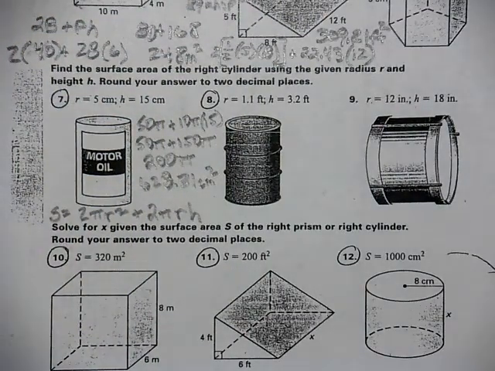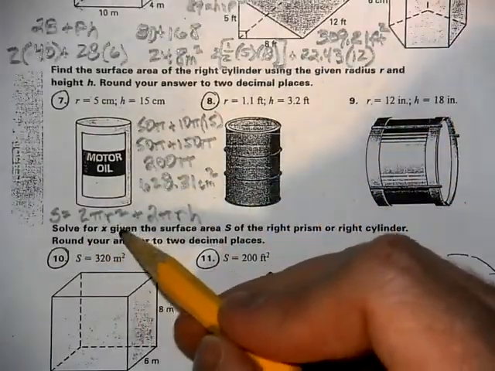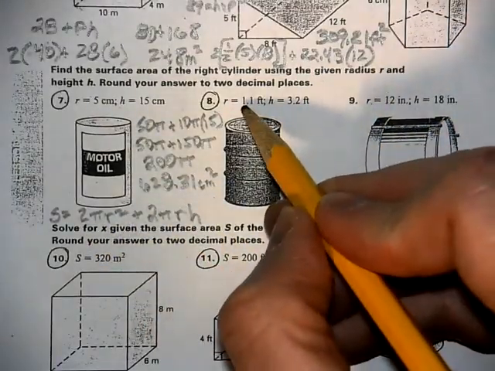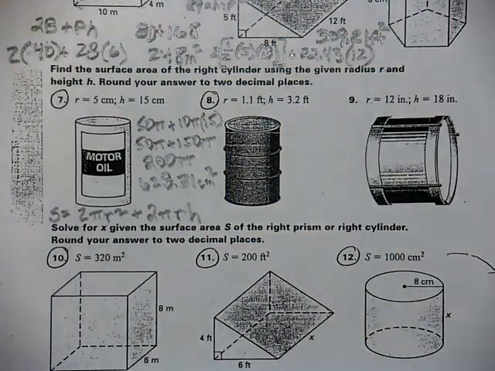This next one, same idea. We take our surface area formula and 2 times 1.1. We do 1.1 squared and times that by 2.